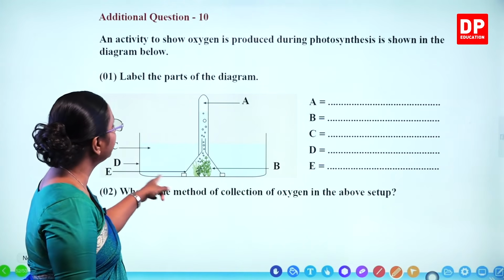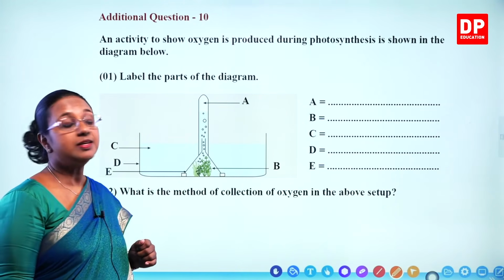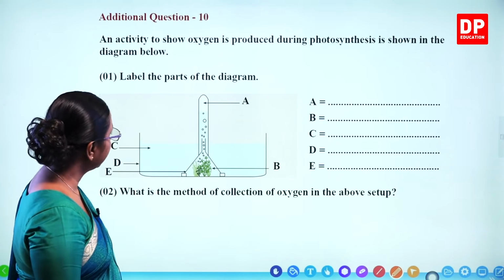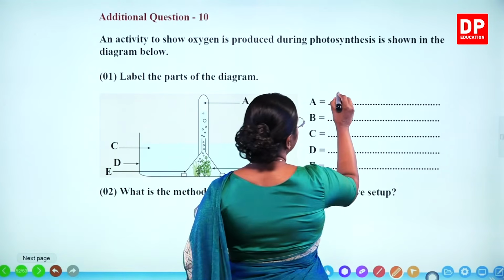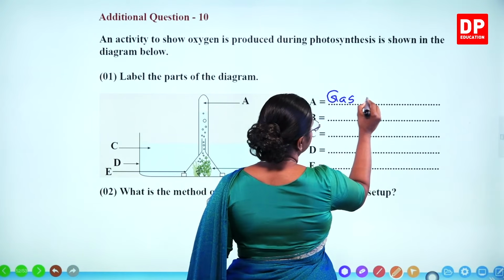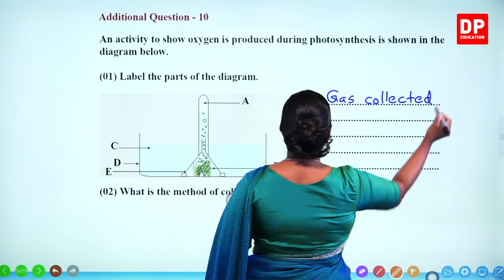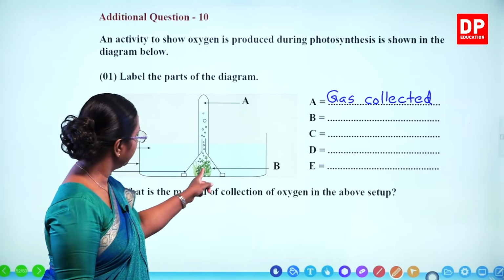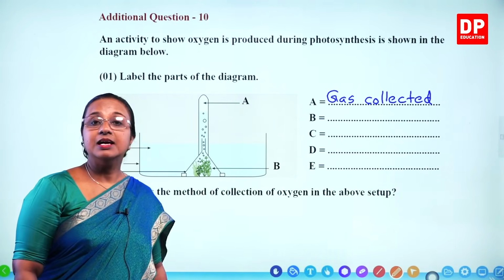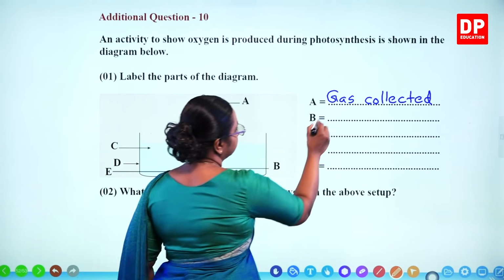Here you have to label the parts of the setup. What is A? That is the gas collector. What is B? It is an aquatic plant.